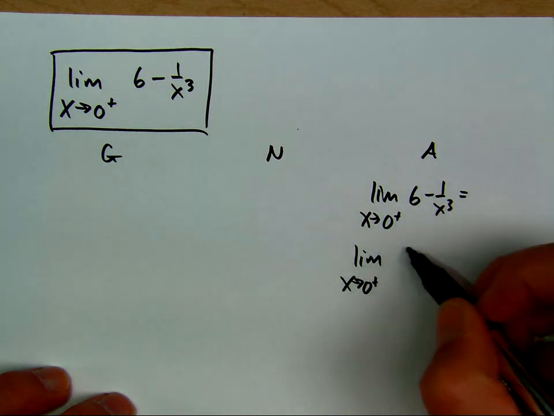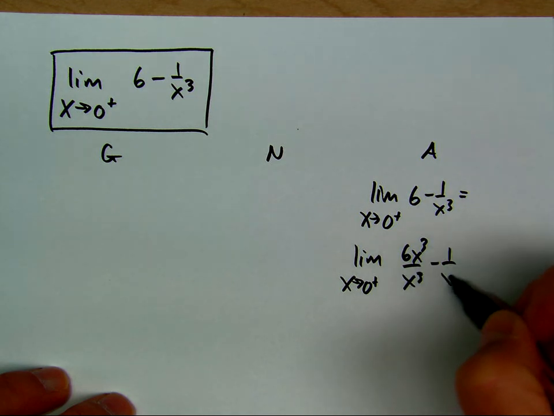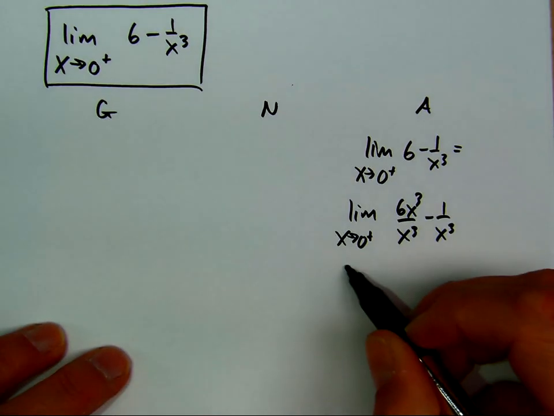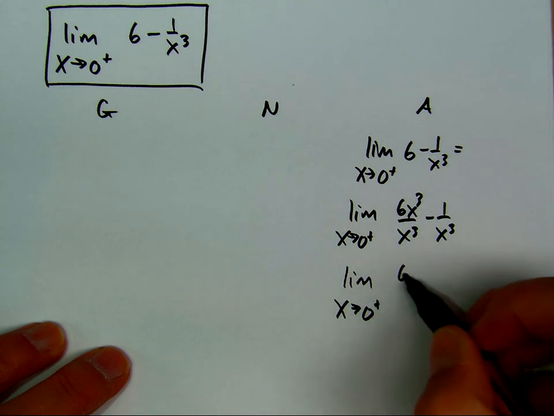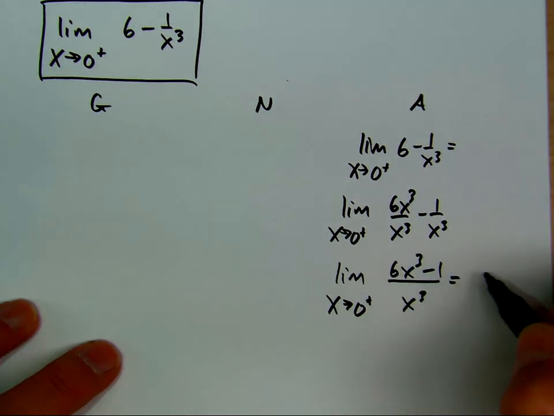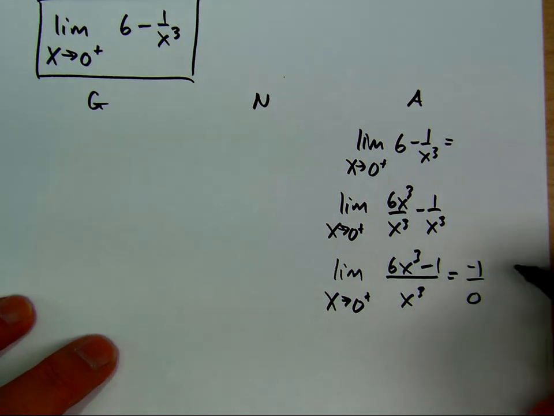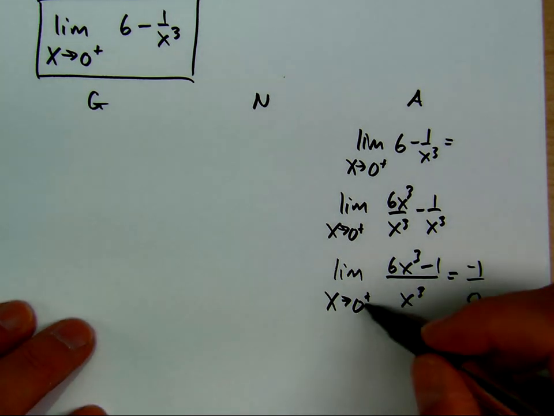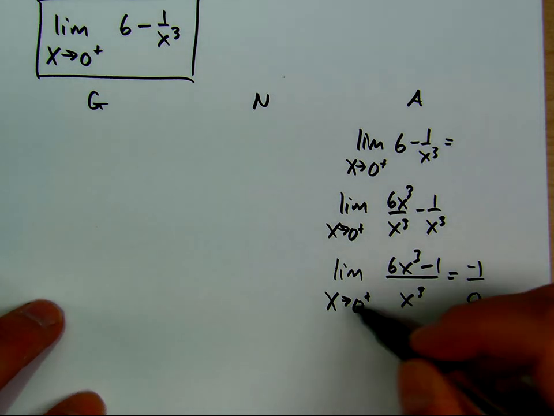And this would be 6x cubed over x cubed, minus 1 over x cubed. And now we see that it's negative 1/0. If we substitute a 0, we get negative 1/0. So we know there's going to be a vertical asymptote at 0.